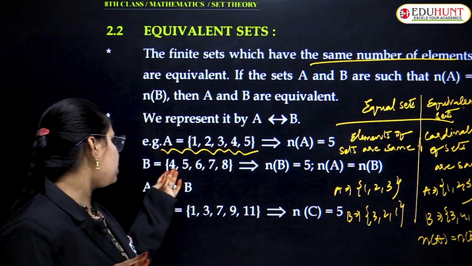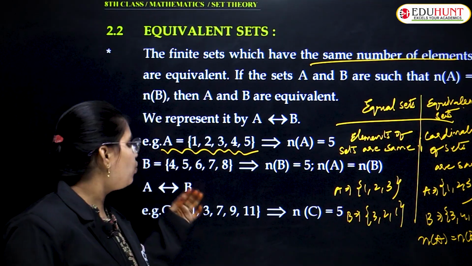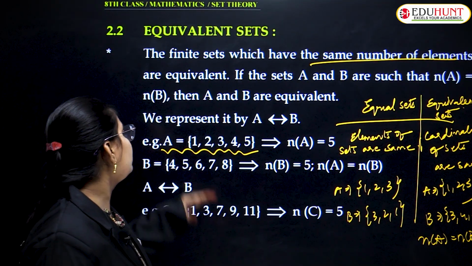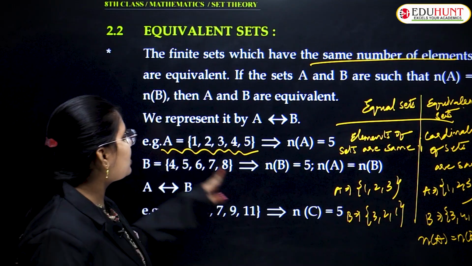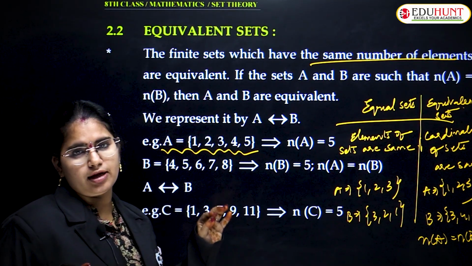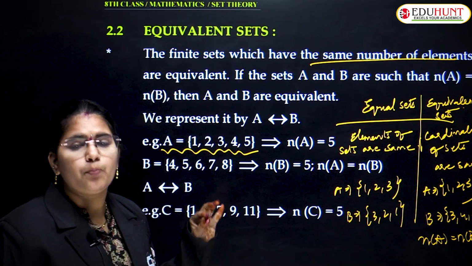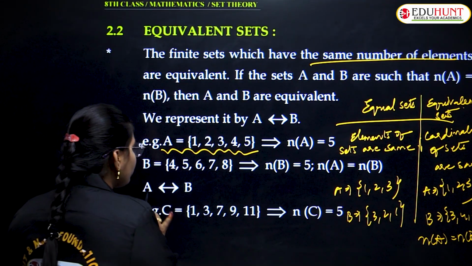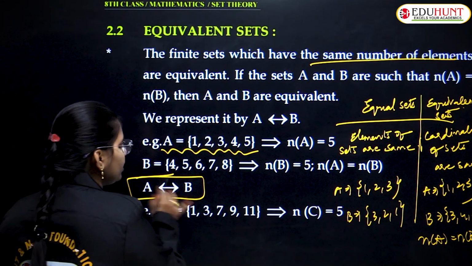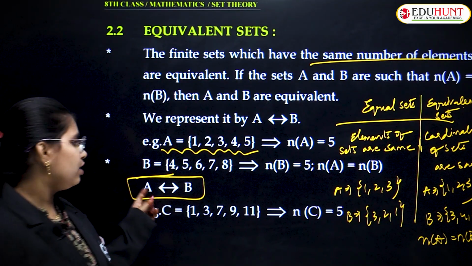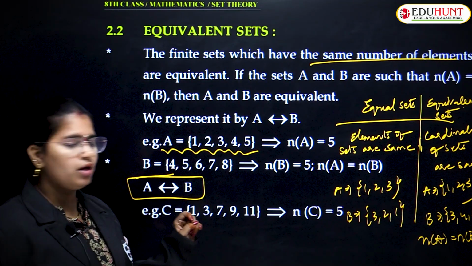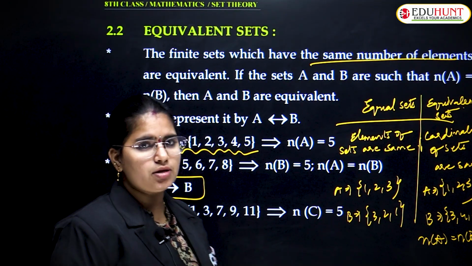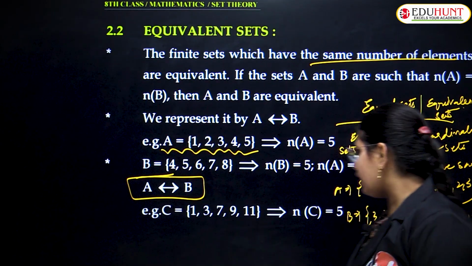No. 1, 2, 3 do not exist in set B, whereas similarly 6, 7, 8 do not exist in set A. The elements are different but the cardinalities are the same. So these both are equivalent sets, and this is the notation of equivalent sets, A ~ B. This is nothing but an example of equivalent sets.